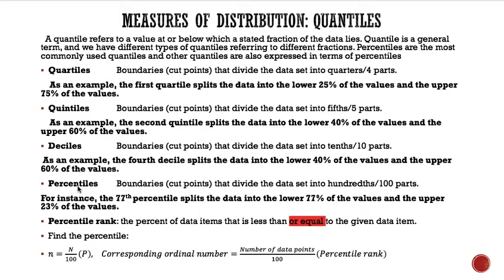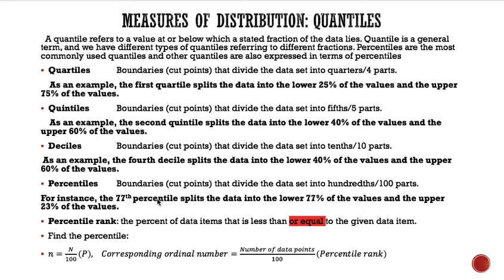Percentiles. This is the most useful and the most popular boundaries that divide the data set into 100 parts. For instance, the 77th percentile. This is a boundary.